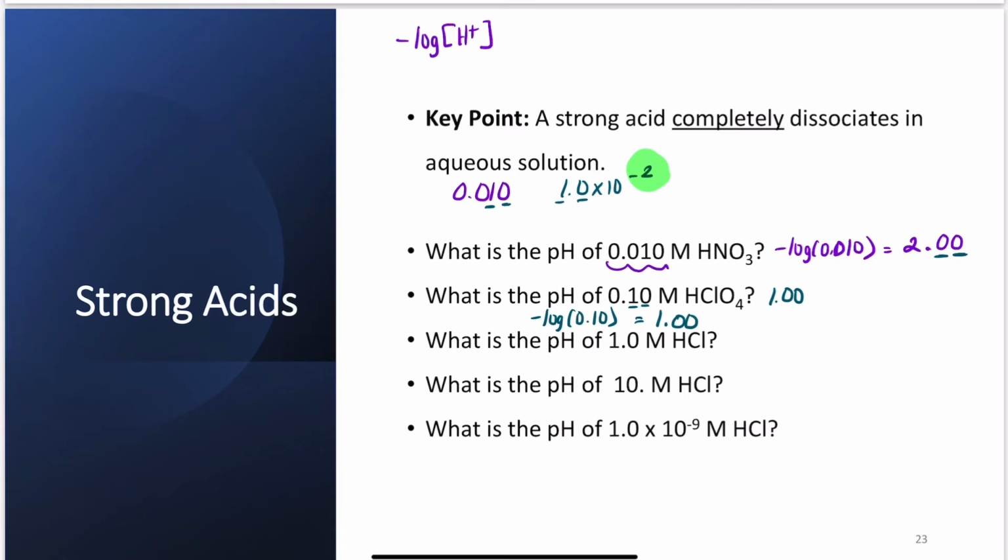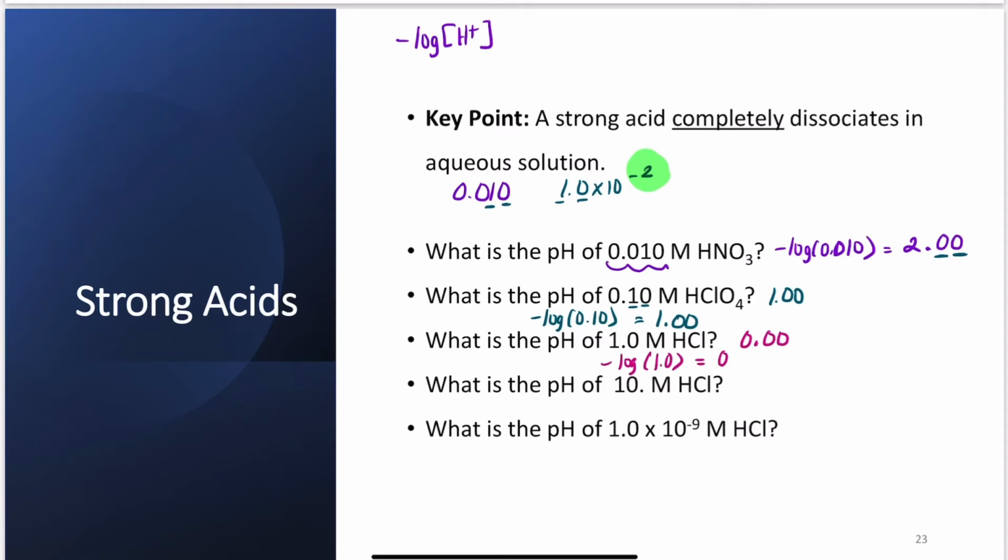How about 1.0 molar HCl? Negative log 1.0. When I calculate that out, I get a value of 0. My answer, though, is 0.00 because I have two sig figs in that original value.